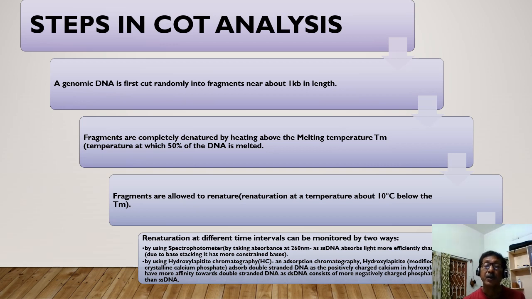Single-stranded DNA absorbs more light efficiently than double-stranded. Another way is using hydroxyapatite chromatography. In this, crystalline calcium phosphate is used, where double-stranded DNA can be adsorbed easily but single-stranded cannot.